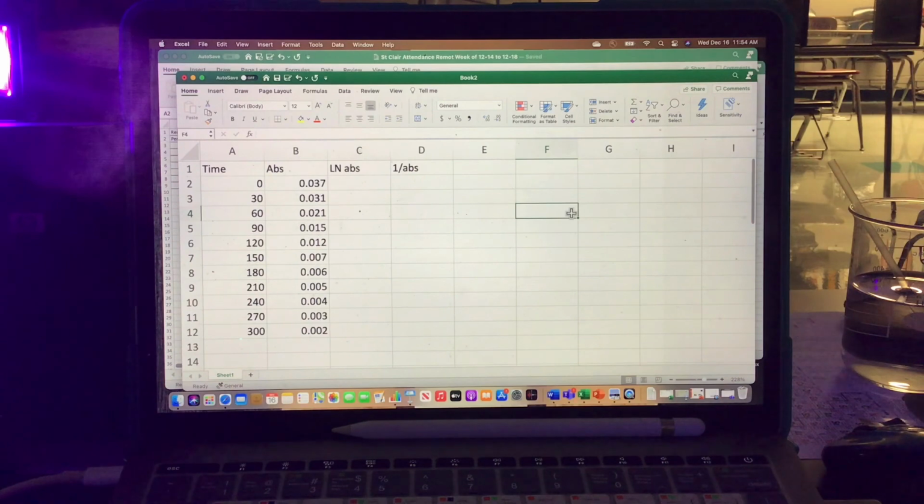You will then need to graph all 3 of the sets of data to see which one gives you the best straight line graph, and then that will tell you the rate law that you need to use for this experiment.